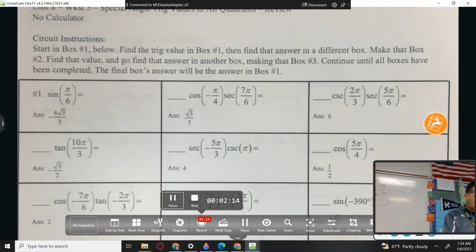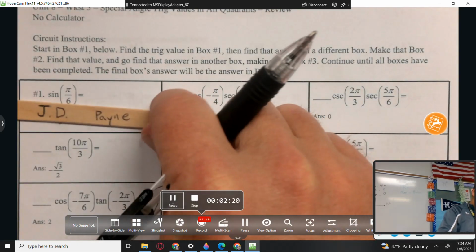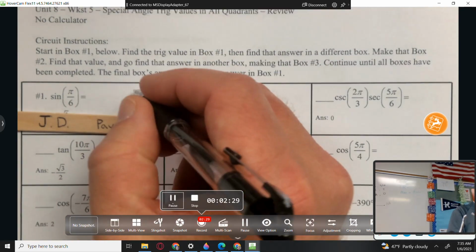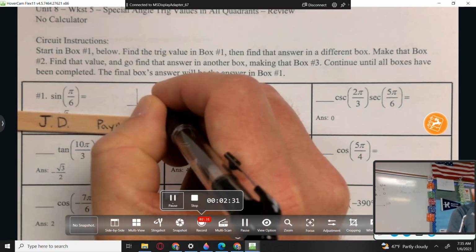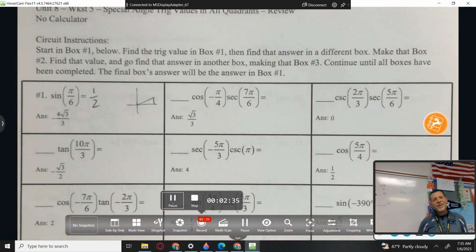So the sine of pi over 6, that should not require a whole lot of work. JD, what's the sine of pi over 6? Square root of 3 over 2. Oh wait, that's the y. It is, yes. You guys better slow down and be careful on Monday.